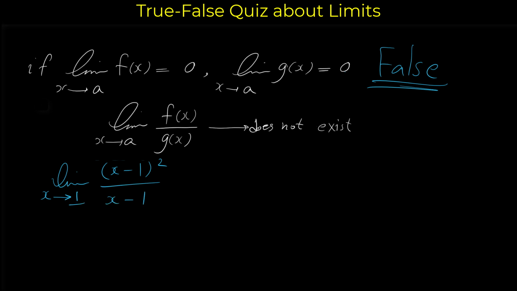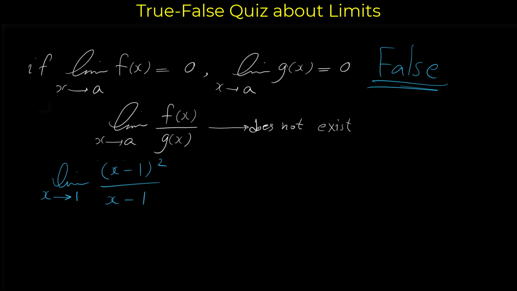First of all, note that if we plug in 1 for x in the numerator, we get 0. So the limit of the numerator is 0. And the limit of the expression in the denominator, if we plug in 1 for x, is also 0. So the limit of the denominator is also 0. Also note that we can cancel x minus 1 from the top with x minus 1 from the bottom.